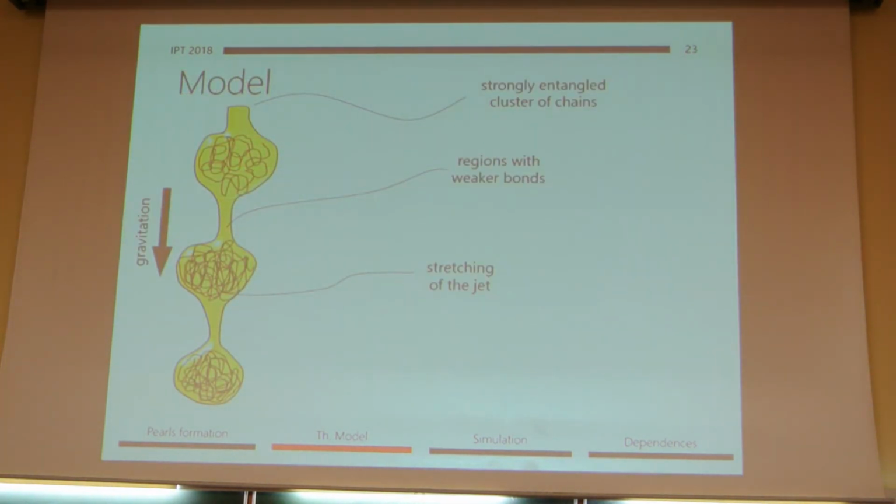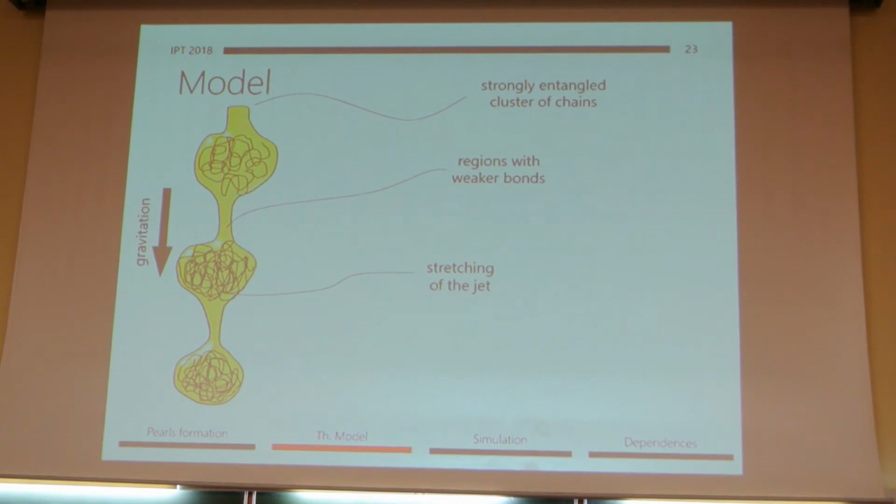If the egg white is stretched and ejected from the syringe, we claim that there are strongly entangled clusters of these chains, and between them there will be necks where the chains are weaker.